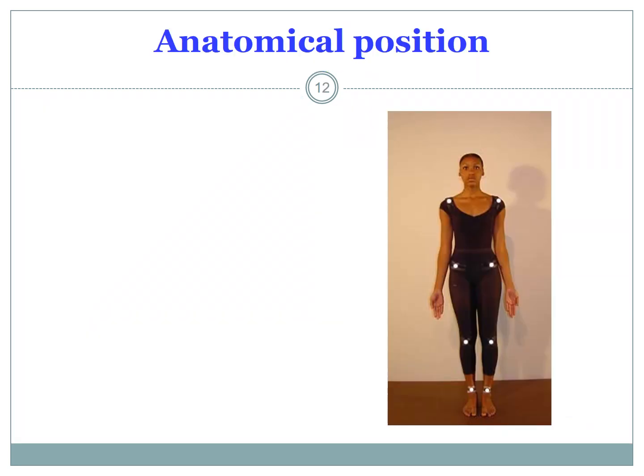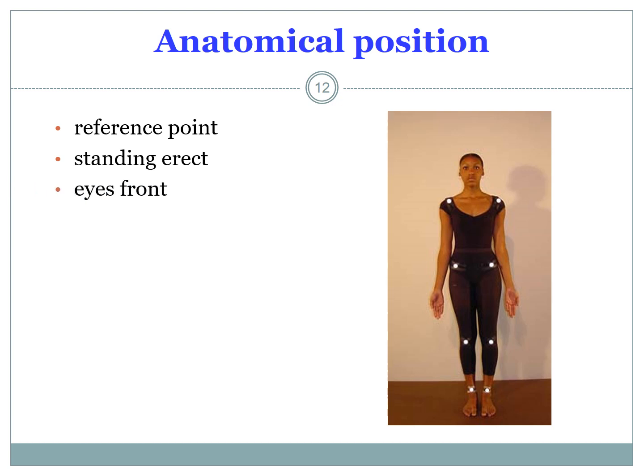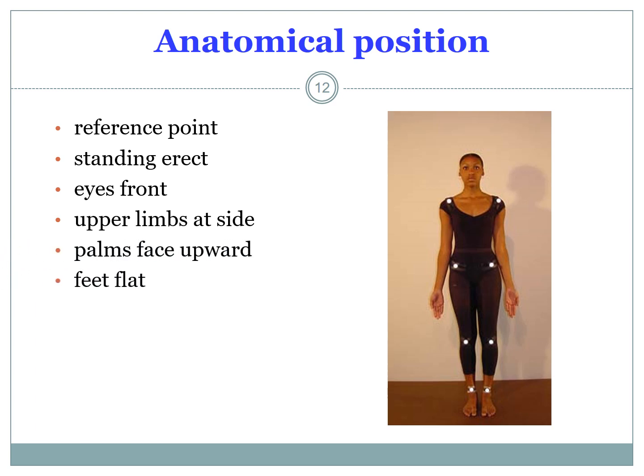Let's look at anatomical position. Anatomical position is a universally used way of referencing body parts or their positions relative to each other. Anatomical position consists of an individual standing erect, eyes front and open, upper limbs down at the side, palms facing forward, and feet flat.